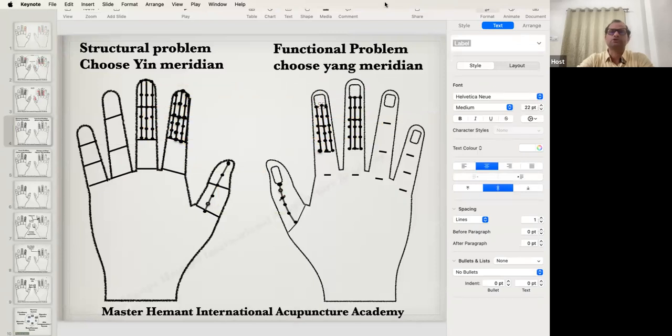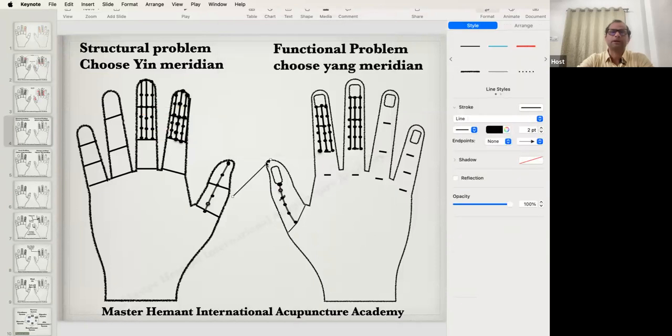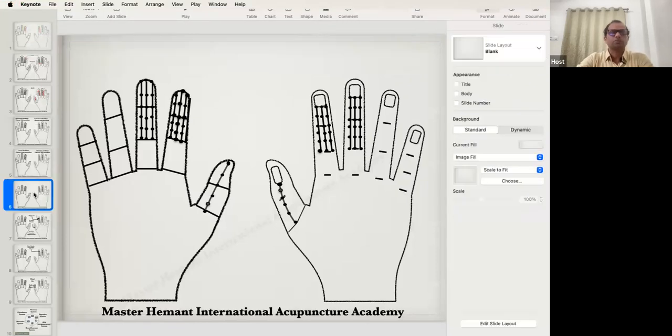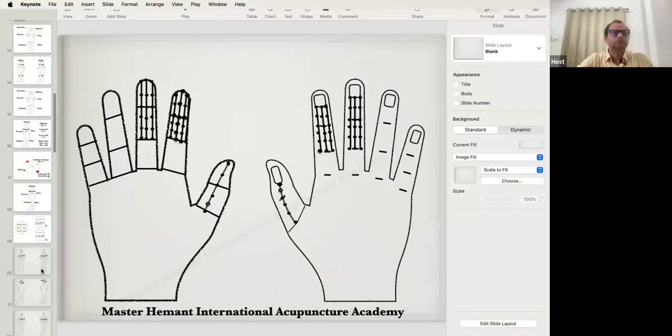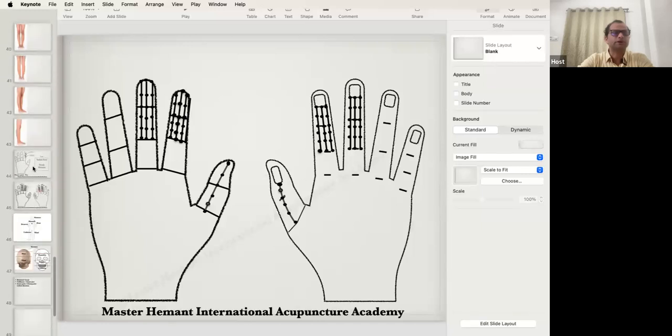On this point we will put a small needle or a magnet. Suppose we are putting the needle here. This is the perpendicular needle, right? Neither do we do tonification nor sedation. Or we can put the seeds, we understood this.